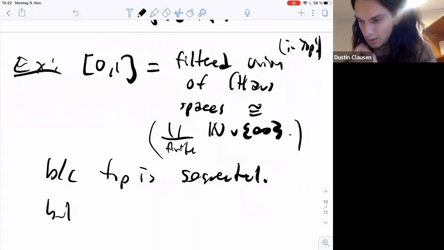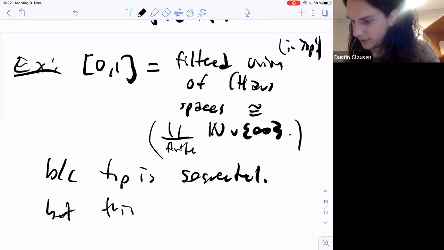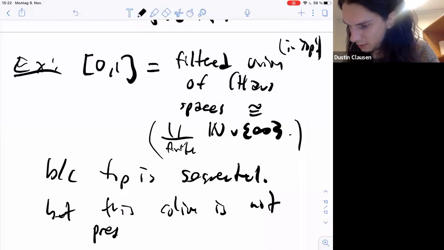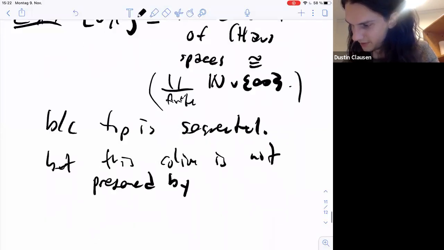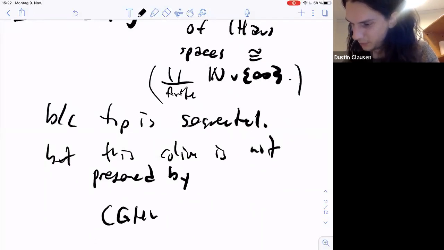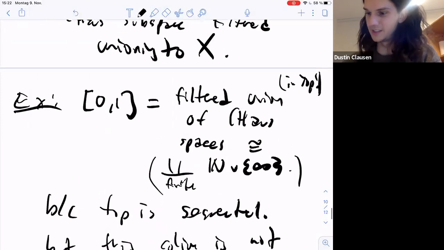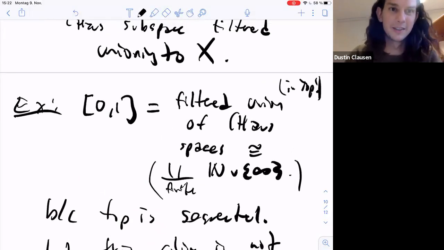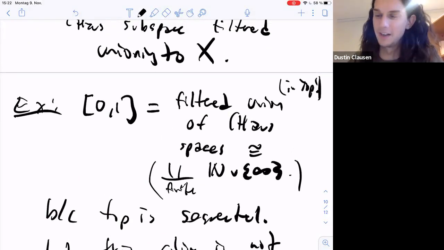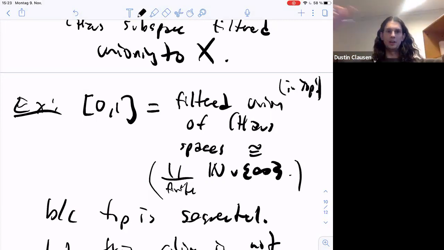But this colimit is not preserved by the functor from compactly generated weak Hausdorff spaces into condensed sets. So in condensed sets, the right-hand side is a smaller condensed subset of the closed unit interval [0,1]. So in condensed sets, you're breaking apart some colimits that exist in topological spaces.